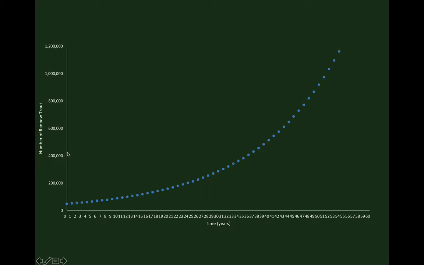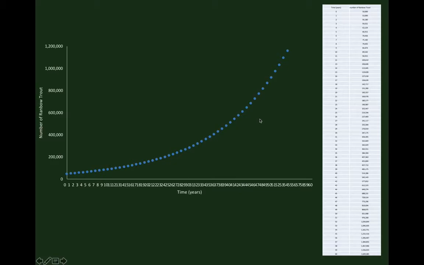The doubling of the population has a powerful effect on the growth, and that's where the steepness of the curve comes from. I just put a table in here too to illustrate: at 12, we've got about 100,000. At 24, about 200,000. At 36, about 400,000. So every 12 years, the population's doubling.